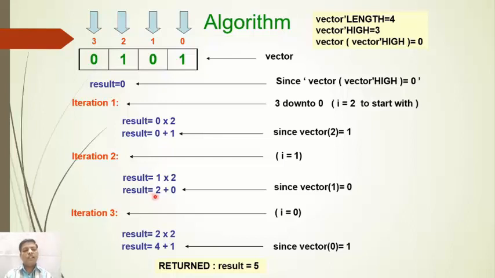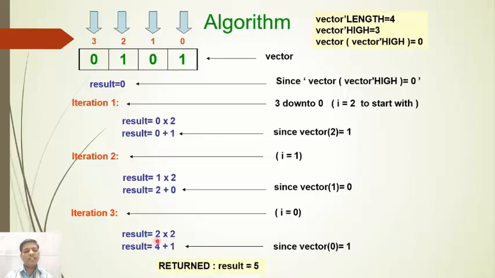Now iteration number 2 means I is equal to 1. Since vector 1 is equal to 0, result is equal to 2 into 1, 2 plus that 0 value, so 2 plus 0 is 2. Then iteration number 3 means I is equal to 0.